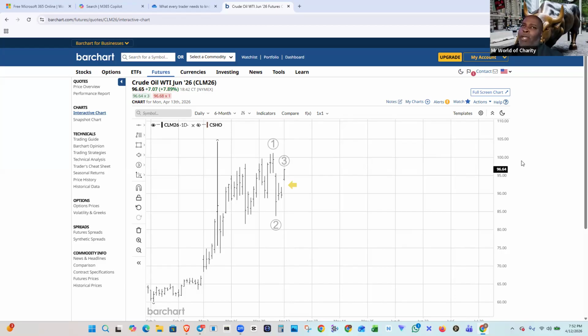And that's how we have our 1, 2, 3. But just know the 1, 2, 3 formation is simply support and resistance. That's all it is. The 1, 2, and 3 represent something different when it's the top formation versus when it's the bottom formation. But they're just support and resistance levels.